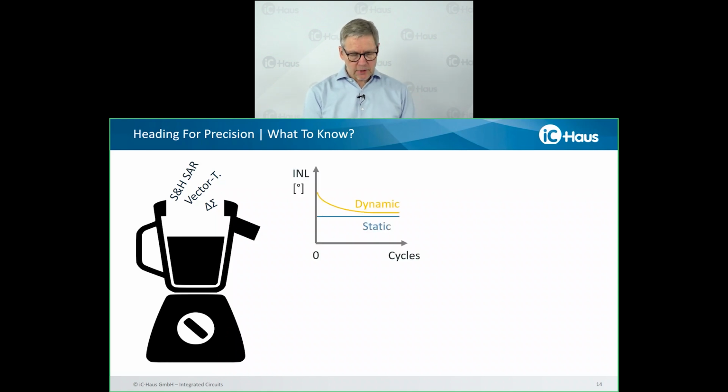Now, depending on the type of error correction, systems may or may not provide accurate angle data immediately after power up. While a dynamic error correction requires input cycles to settle in, meaning a scale in motion, the static correction can provide a higher angular accuracy directly from standstill.